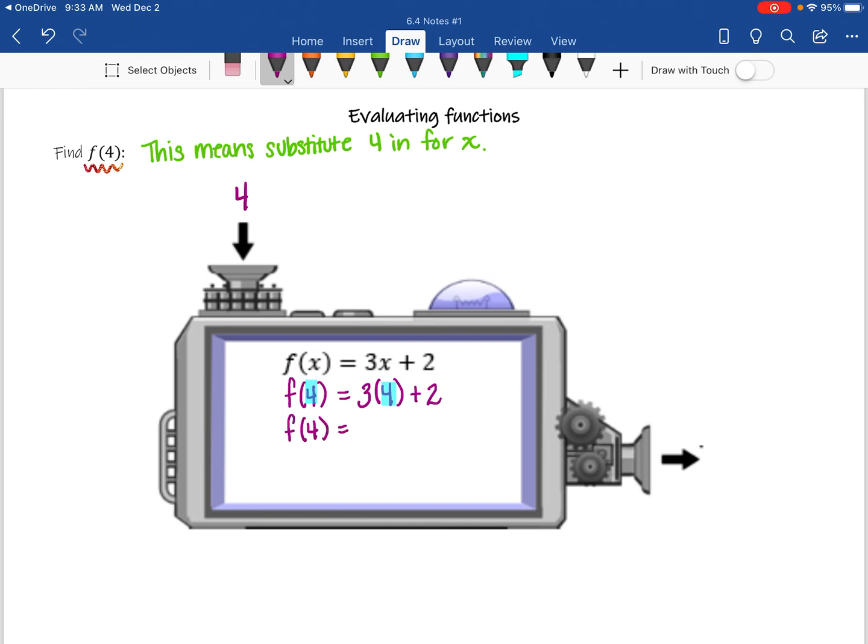So we're going to do like we stated above, multiply by 3 first, and then add 2. So 4 is our input. We get 14 as our output. All right, so that's just the notation and what it means.